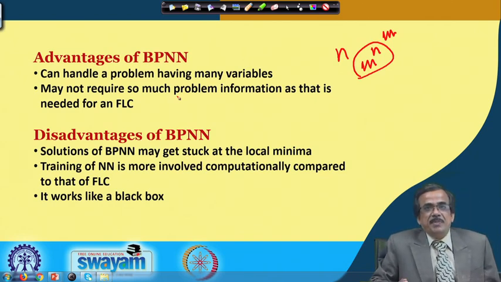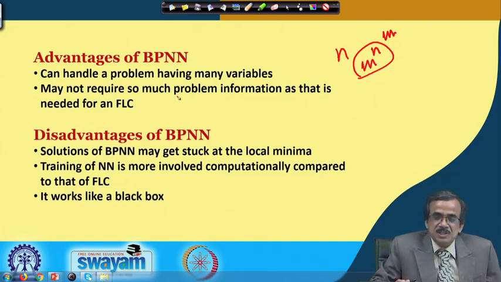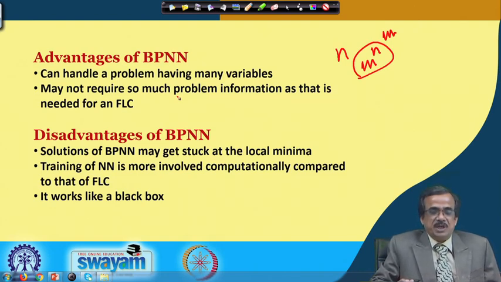The next is that it may not require as much problem information as you need in the fuzzy reasoning tool or fuzzy logic controller, because while discussing the fuzzy reasoning tool we discussed that its performance depends on the database and the rule base, and if the designer wants to design the database and the rule base initially, he or she should have at least some initial information of the process to be controlled.